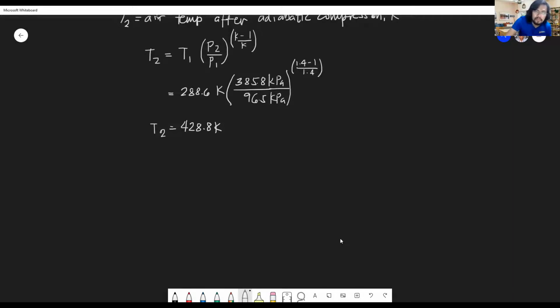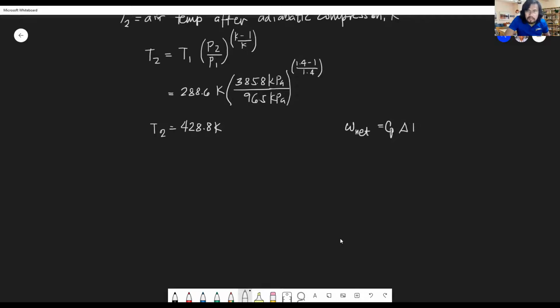The W net is expressed in Cp times delta T. It's actually the net work from the expander and the compressor.